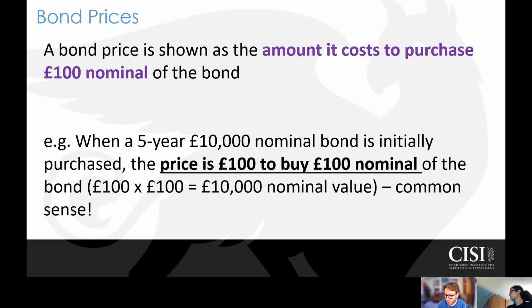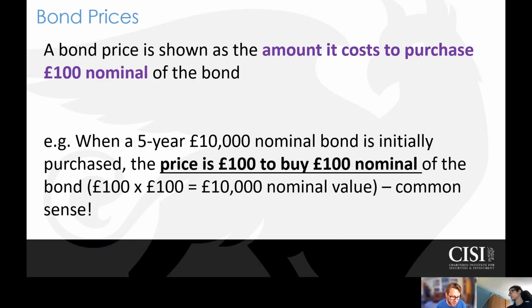However, the price that someone pays to buy it from another investor may be different from the nominal value, the original amount of the bond, the amount that the bond was worth when it was originally sold, and the amount that the bondholder gets back. So that's something that you have to be aware of.